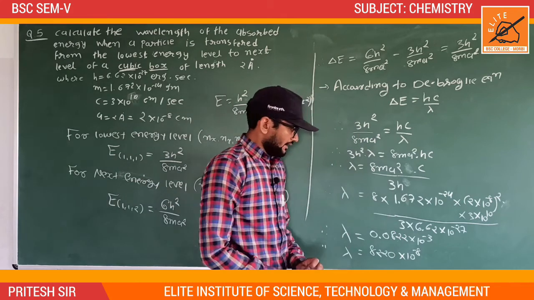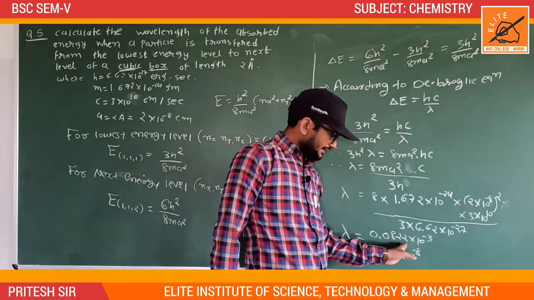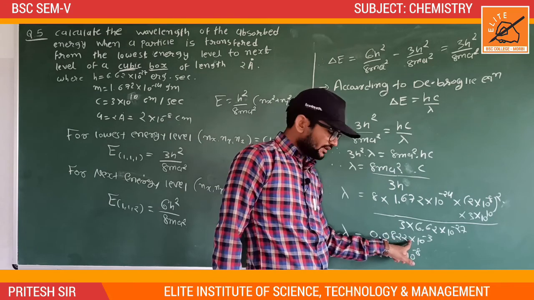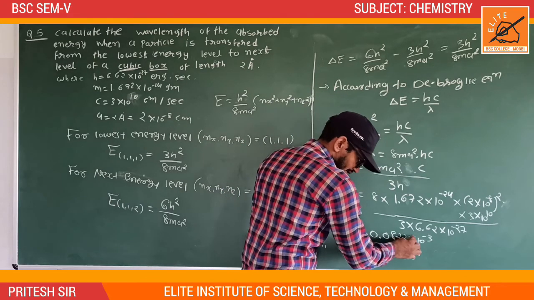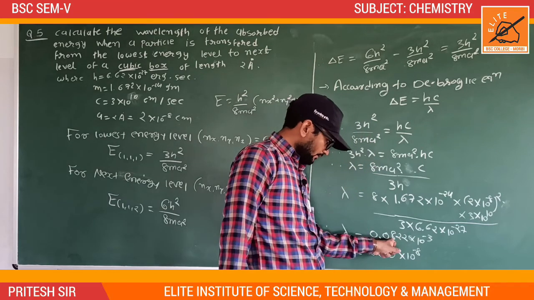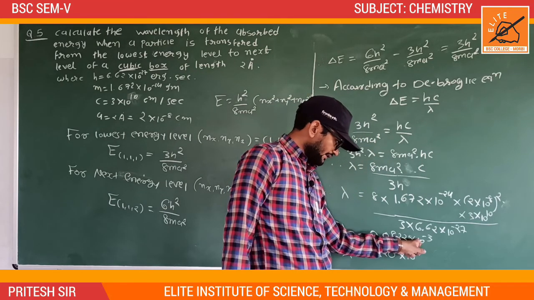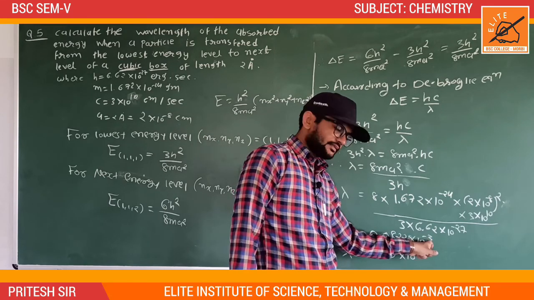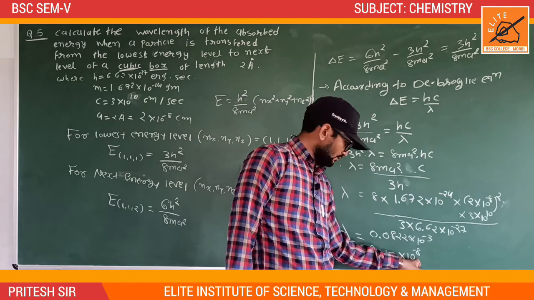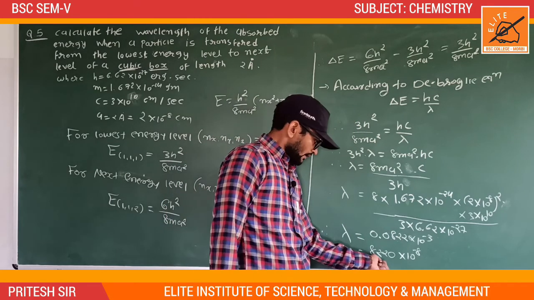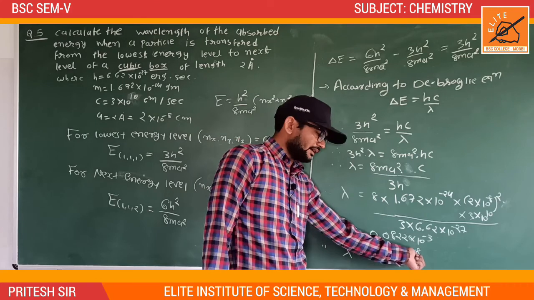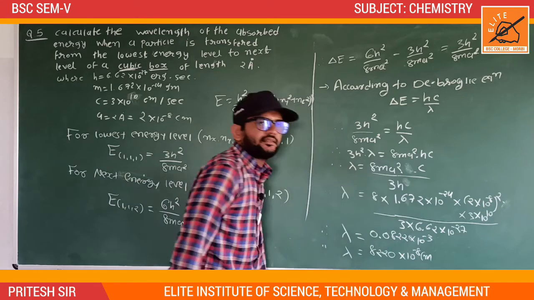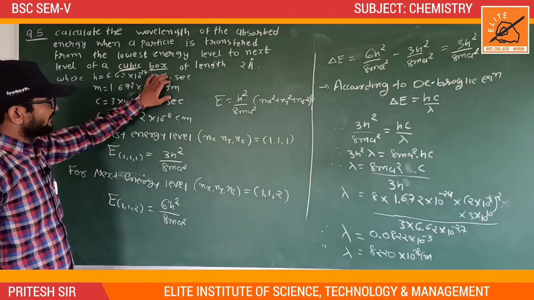The first, second, third, fourth and fifth places are counted, and the fifth is not given, so suppose I consider that 0. So lambda is equal to 8220 into 10 to the power minus 8 centimeter, because in this case all units are given in CGS.